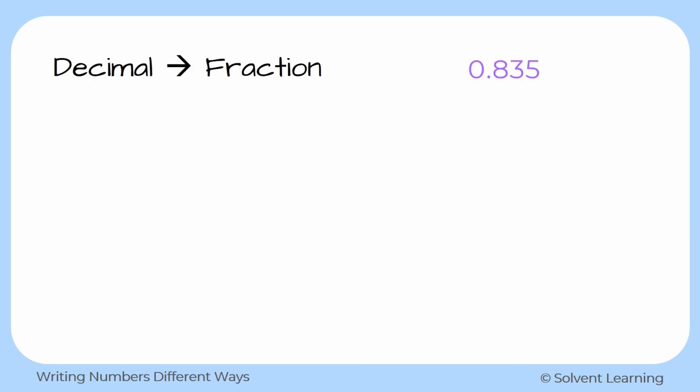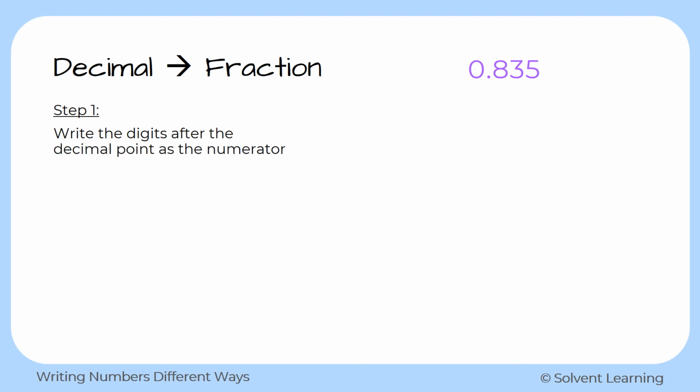First, we're going to change this decimal to a fraction. We have our 835 thousandths. Our first step to changing this decimal into a fraction is to write the digits after the decimal point as the numerator of the fraction. So we're going to set up a fraction line and put 835 above that fraction line.